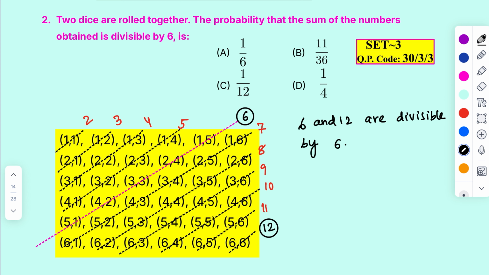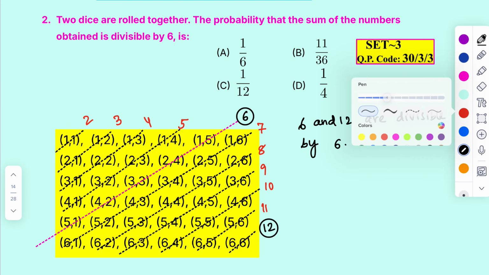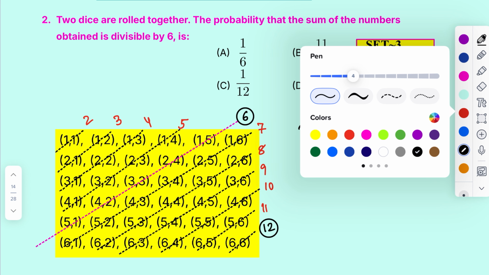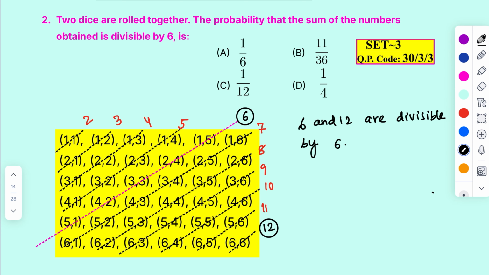Then out of these 36 combinations, how many will have a sum which is divisible by 6? That we have to find out. The number of favorable outcomes for this event is the number of combinations with sum 6 or sum 12.